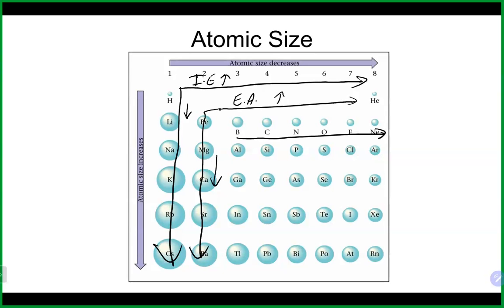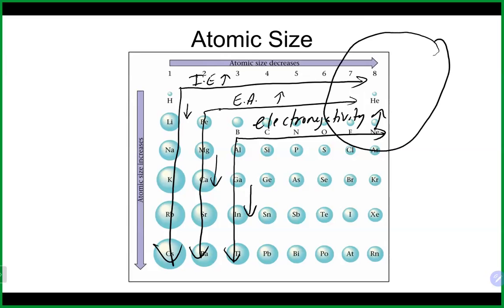And we have our electronegativity increasing as you go this way and decreasing as you go down. So basically, when we think about what we said earlier, that our nonmetals are up here in the upper right of the periodic table, we have things that are very small on that side of the periodic table.